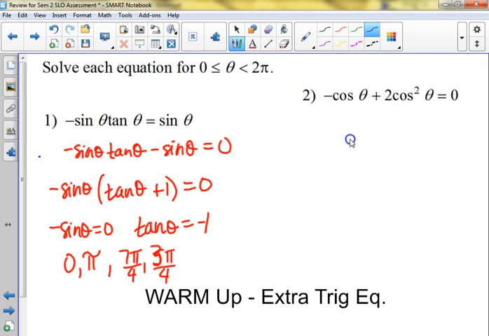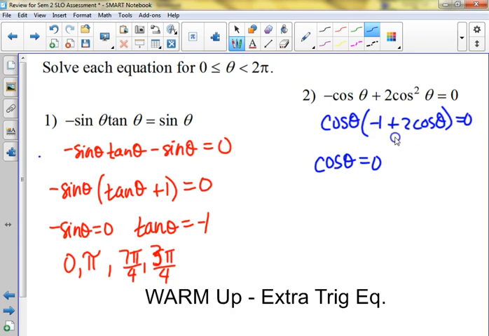Same or different? Kind of the same, right? We would just need to take out a cosine. Yeah, we certainly could. If we just took out a cosine, we'd have negative 1 plus 2 cosine theta. So we'd have the cosine is 0, or let's see if I added 1 over here and divided by cosine, it is 1/2.